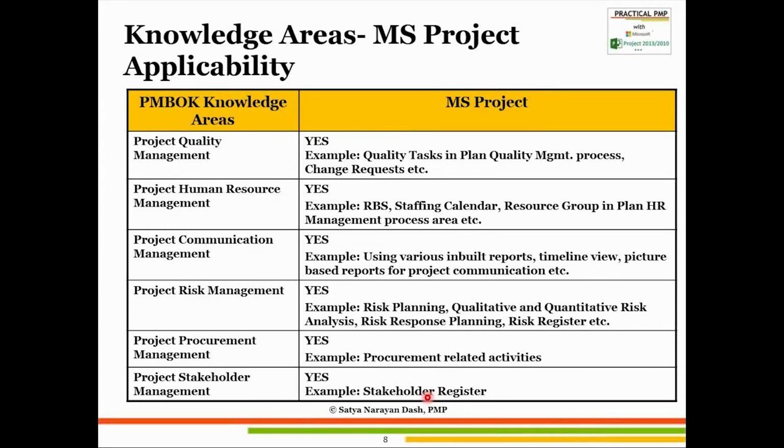You do not have to create a stakeholder register fresh. Microsoft Project has export and import functionality which will make your stakeholder register updating and sharing of the stakeholder register with your senior management team or with your peers or with your team members very easy. And practical PMP tells you how to do that. Here we will be covering Microsoft Project as well as Microsoft Excel.